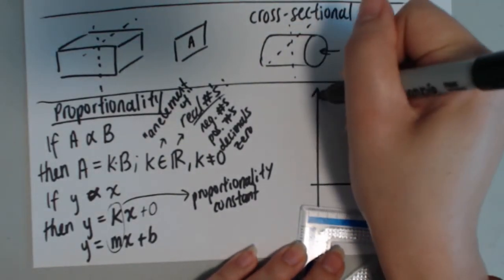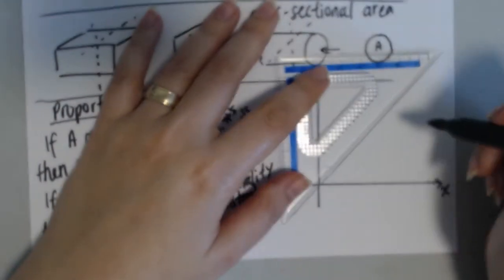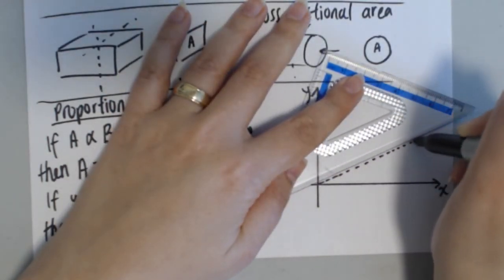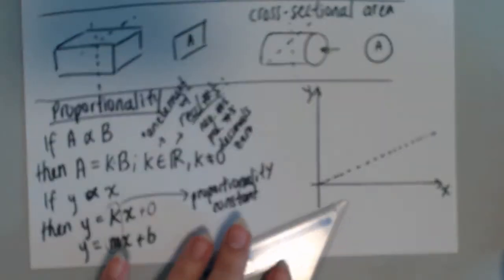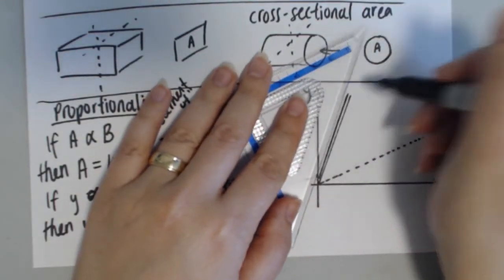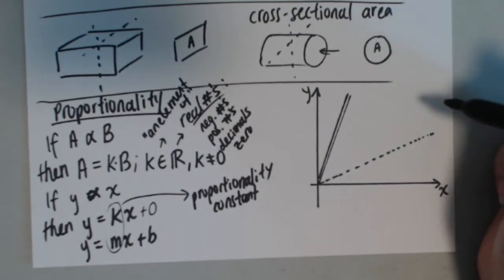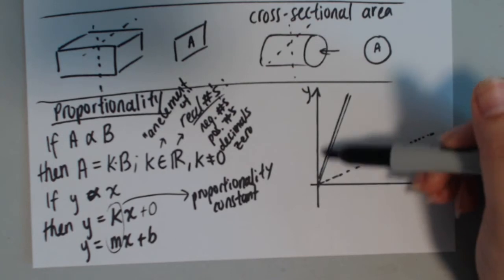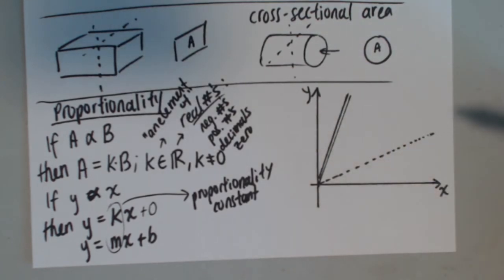There's x, there's y, and there's your graph. It doesn't have to be the line y is equal to x. It could look something like this, or like this. It could be any sort of line, as long as it goes through a y-intercept of 0, and as one variable increases, the other increases, or they both decrease together. That's what it means to be proportional.